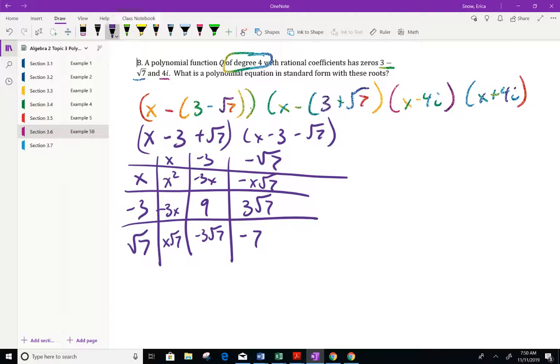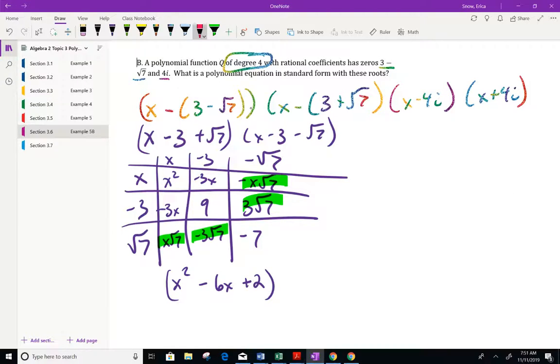And so canceling out these terms, we get x squared minus 6x plus 2 on that side.